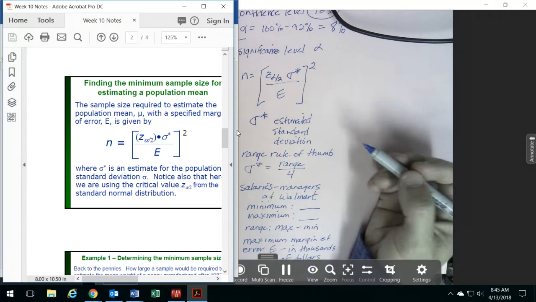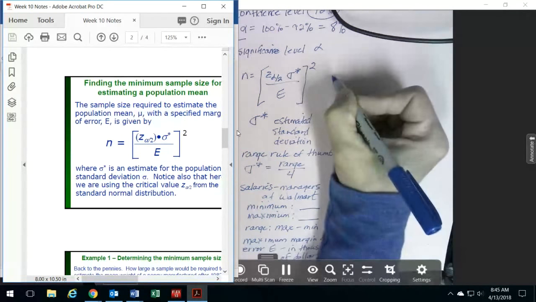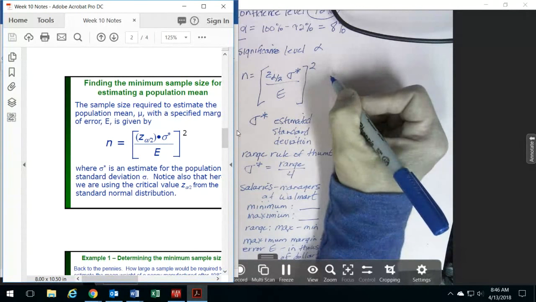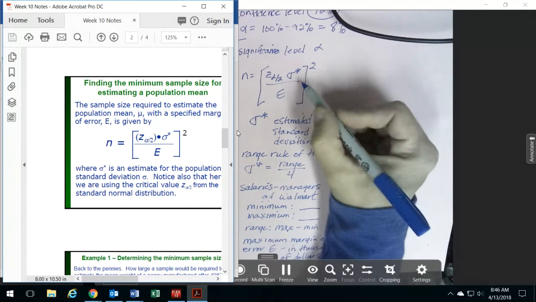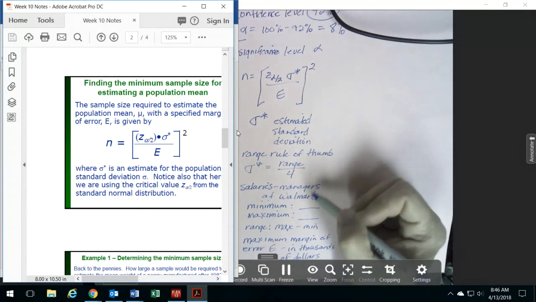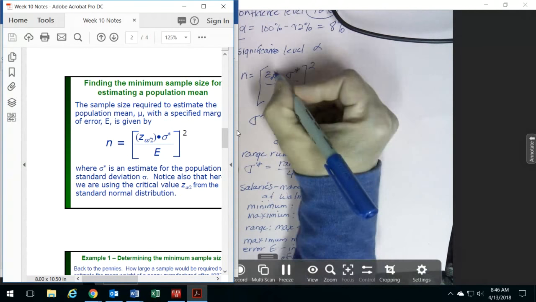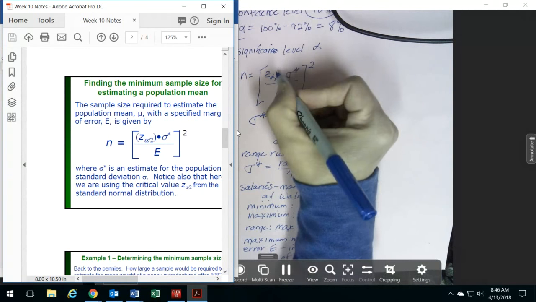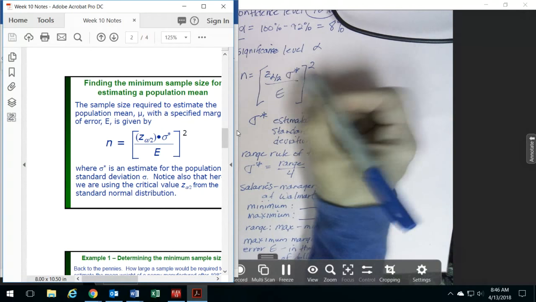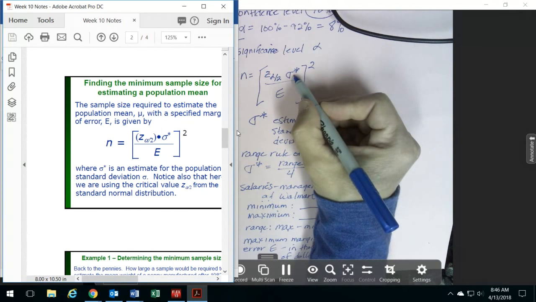Now for this, the idea is that the sample size you're getting is only 40. So if this comes out to be a lot more than 40, then you're going to have to change some of your design choices. Mostly what you want to do is change your confidence level, because you really can't change your estimated standard deviation.